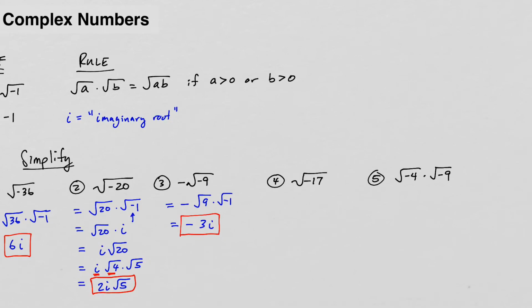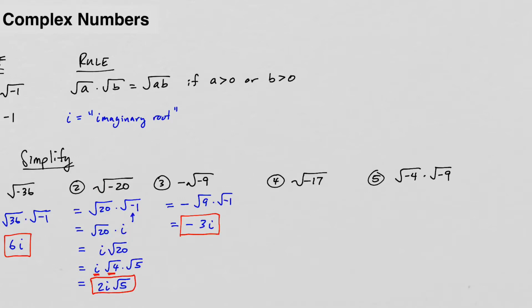In our next example, we have radical negative 17. So again, it's just like the last one. But what I want you to notice here is that in each of the previous three problems, when you have a square root of a negative, the negative can simply come out of the radical. And when it comes out of the radical, it turns into an i.